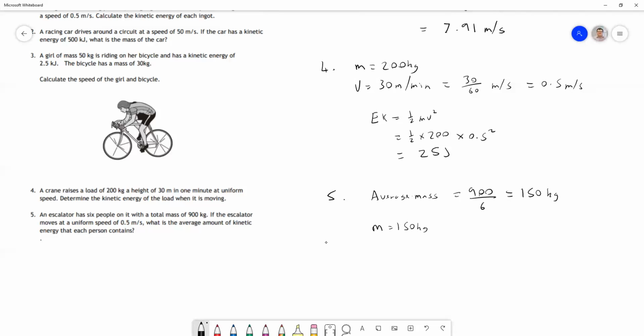Because the escalator is moving at 0.5 meters per second, that means each person is moving at 0.5 meters per second as well. And so we have a mass and we have a velocity. And so we can calculate the average amount of kinetic energy based on the average mass of each person.